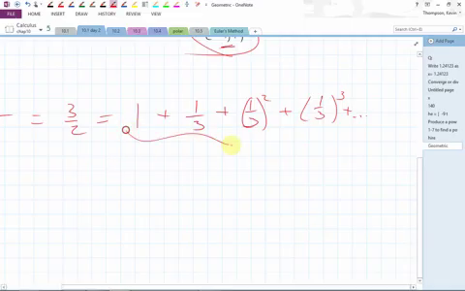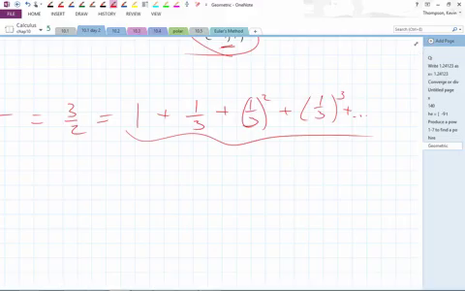So type in, I don't know, 5 terms. What you should actually be seeing right now as you're typing these in, if you're hitting enter in between, is the convergence.